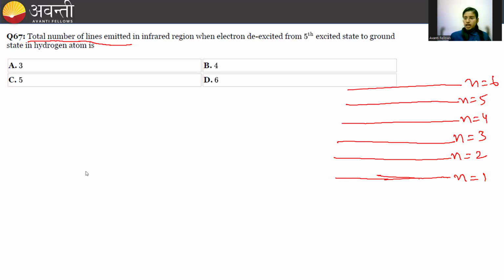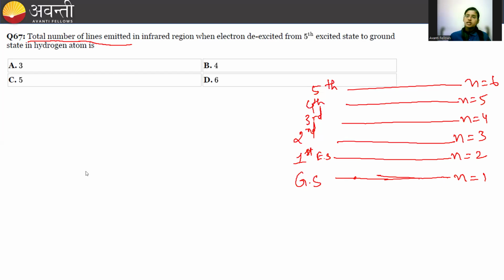So n equal to 1 is the ground state. This is the first excited state, where an electron present here is in the first excited state. This is the second excited state, this is the third excited state, this is the fourth excited state, and this is the fifth excited state.